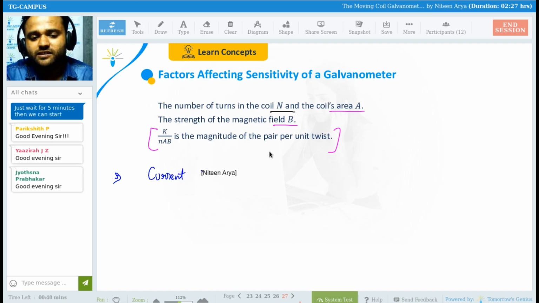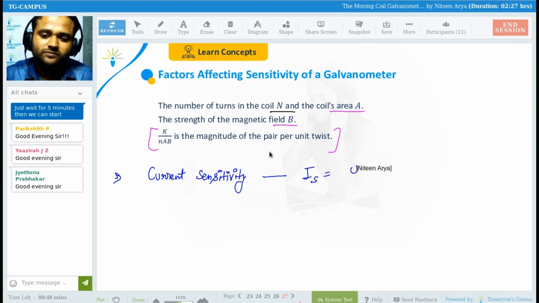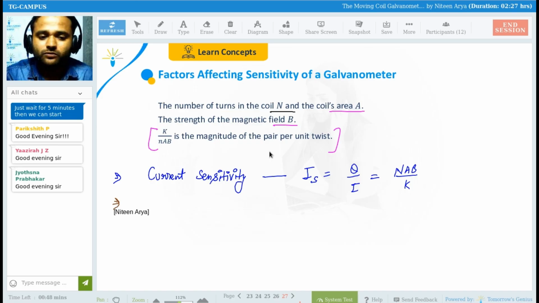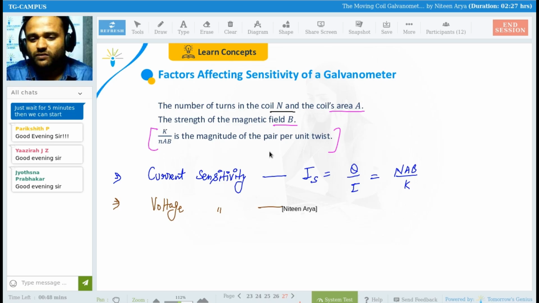Current sensitivity is theta by I, and that is nothing but NAB upon K. In the same way, voltage sensitivity is theta by V, and that is NAB upon KR.